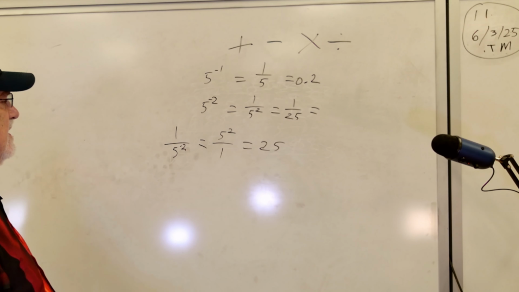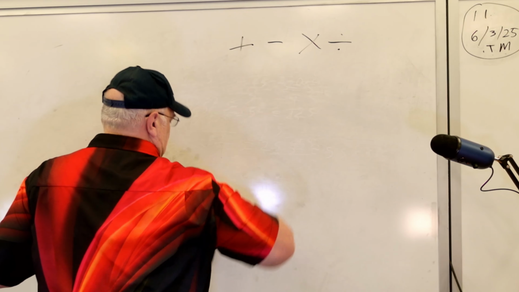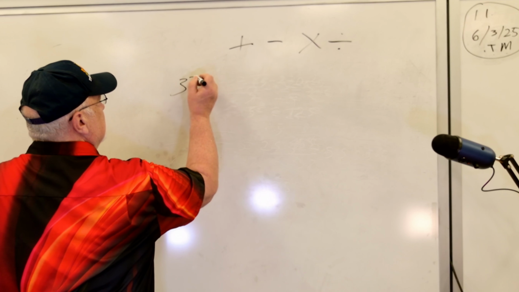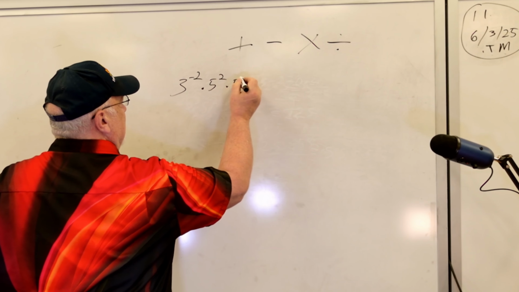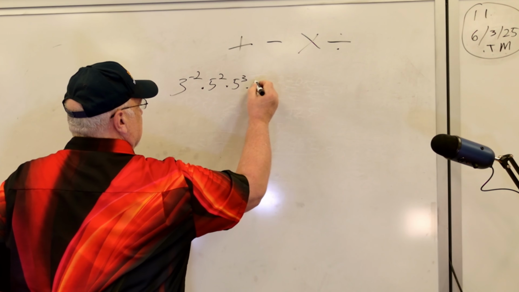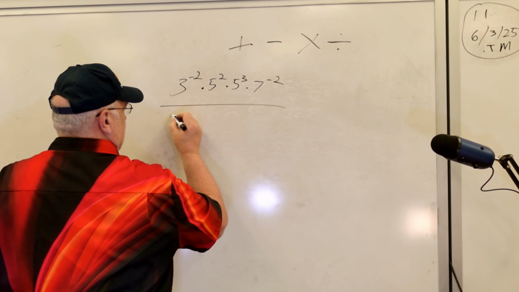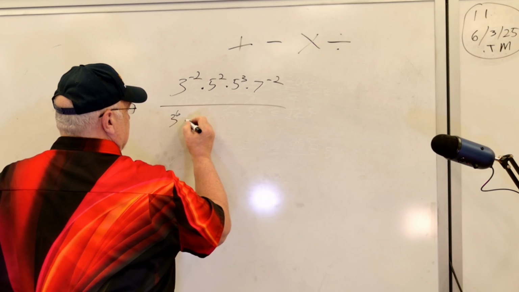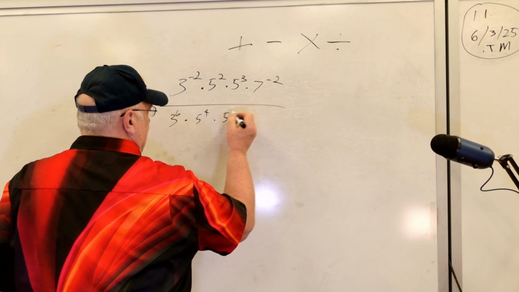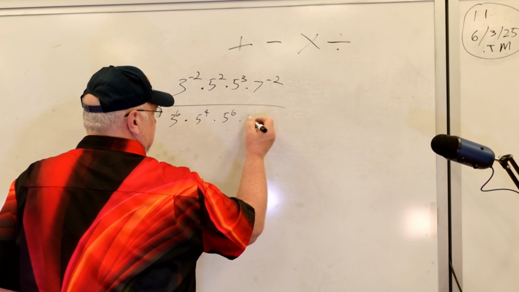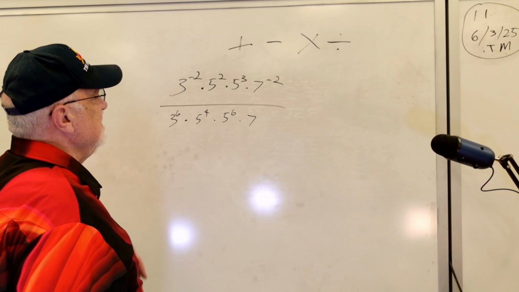And that's important because if you have a bunch of different exponents, if you have 3 to the negative 2 times 5 squared times 5 cubed times 7 to the negative 2, over 3 to the 6th times 5 to the 4th times 5 to the 6th times 7, whatever. All these with negatives jump to the other side.